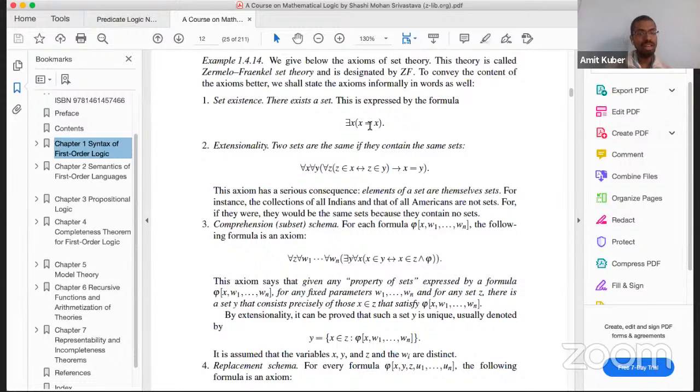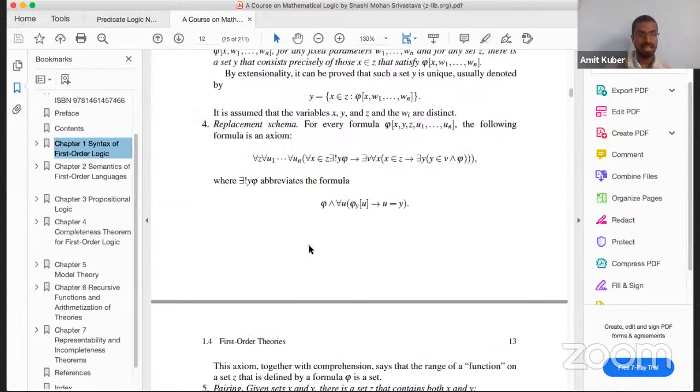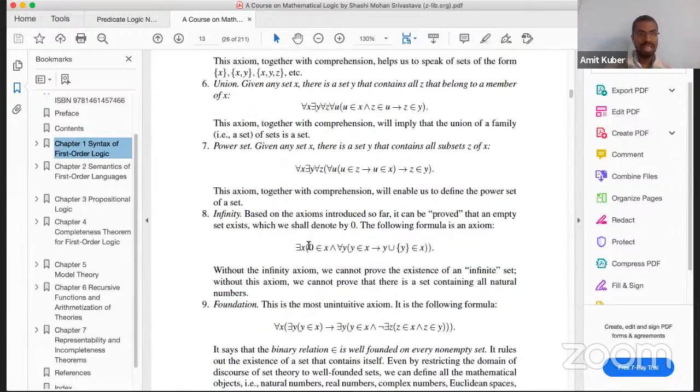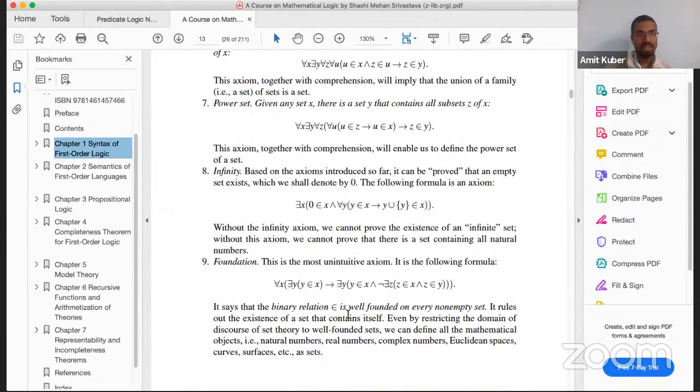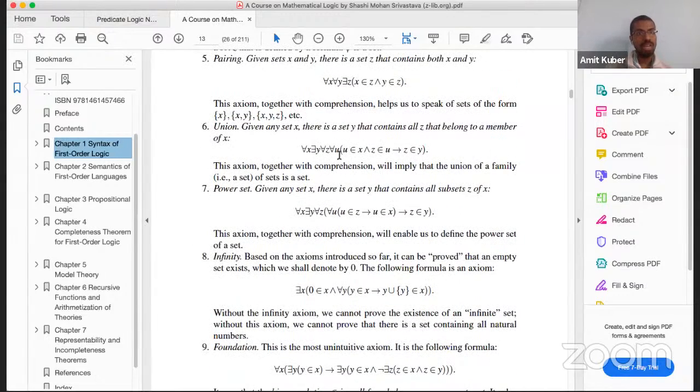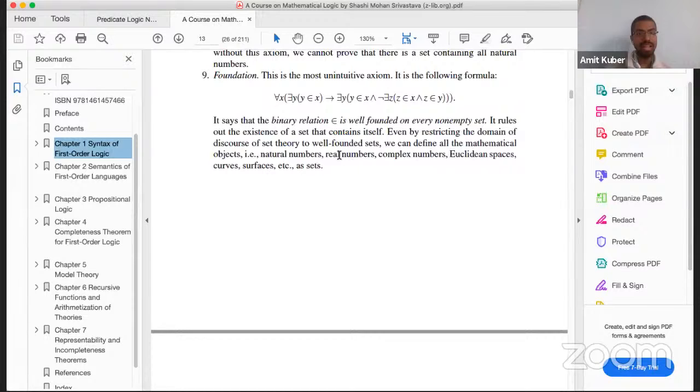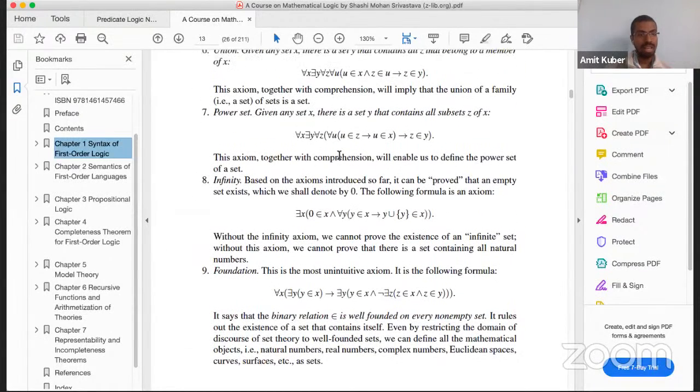And equality is just from the meta language. So you can see that all of these are formulas written in that language. Of course, I'm not going to explain this to you, but these are all axioms: axiom of infinity, axiom of foundation, axiom of power set, axiom of union. So these axioms together count as set theory. So a set is a model of the theory of sets.